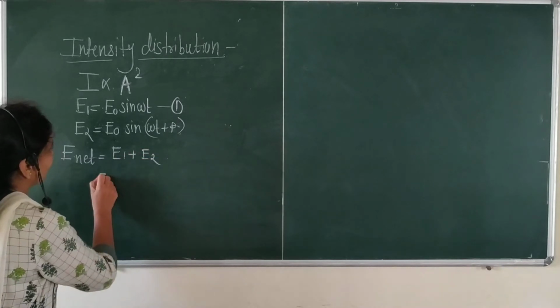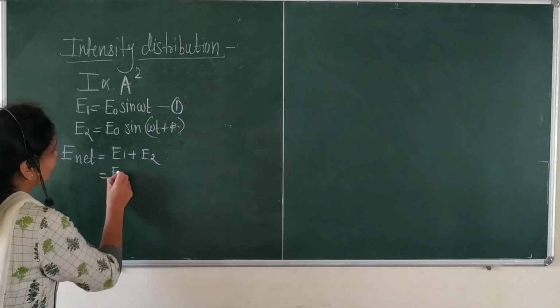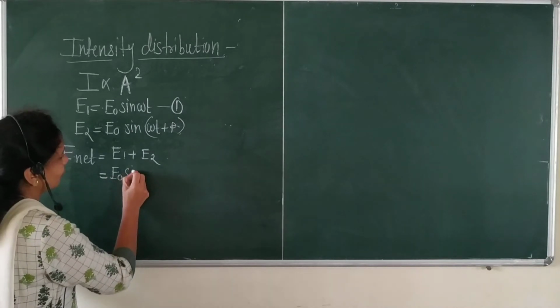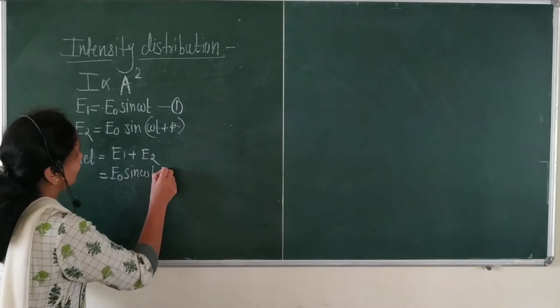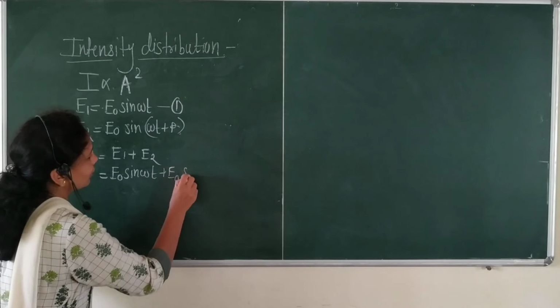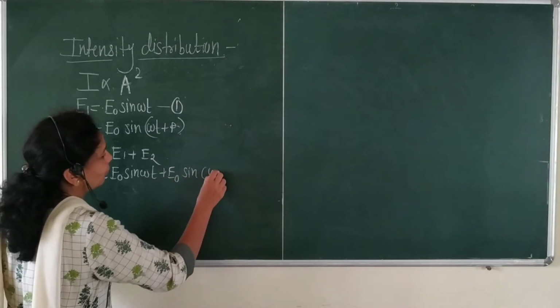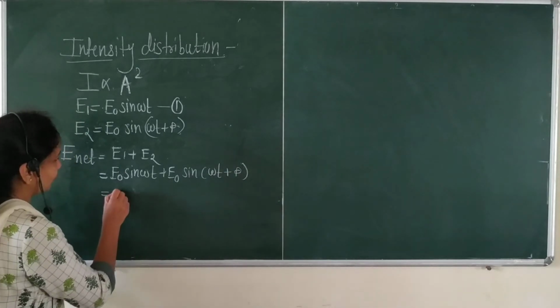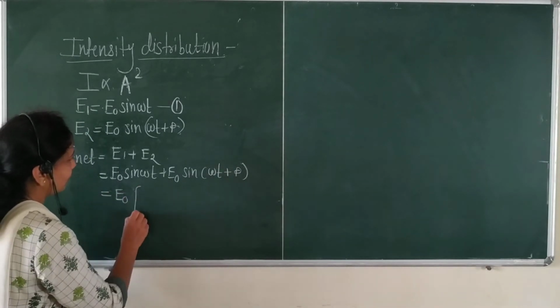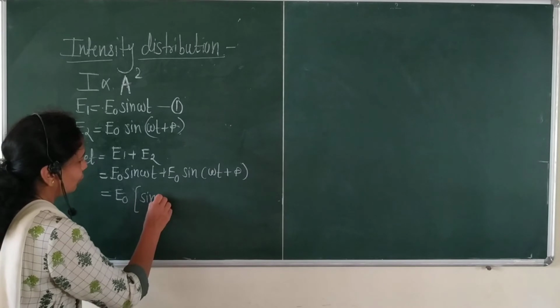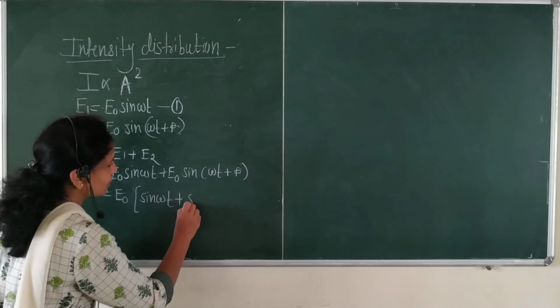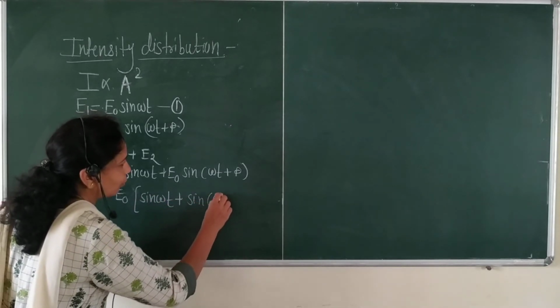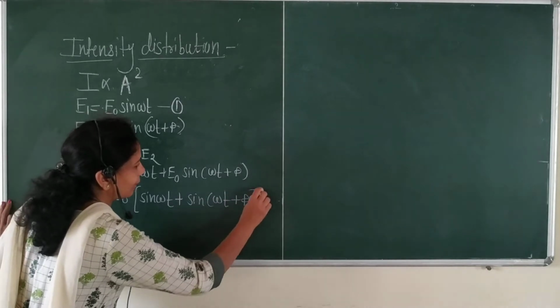Therefore, E net is E0 sine of omega t plus E0 sine of omega t plus phi, which is E0 in bracket sine of omega t plus sine of omega t plus phi.